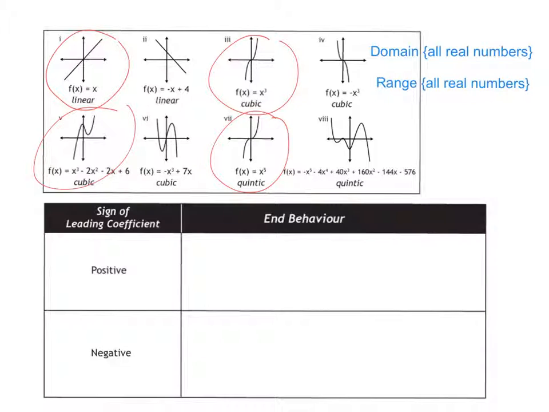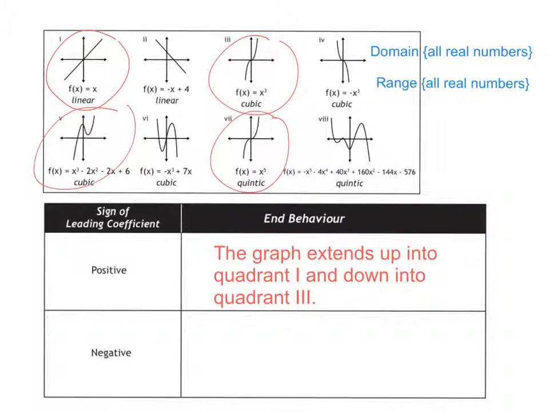So all of those four are extending up into quadrant, which quadrant is this? 1. Up into quadrant 1 and down into quadrant 3. That's what they all have in common. The graph extends up into quadrant 1 and down into quadrant 3.